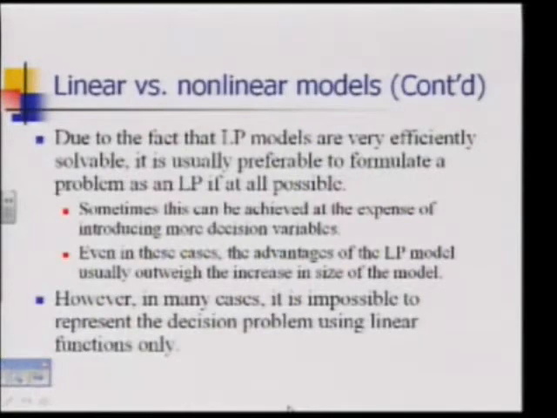How is it possible to formulate the problem as a linear program? Well, sometimes there's no clear cut, because this can be achieved at the expense of introducing more decision variables. I will have some example to highlight what it means. Even in these cases, the advantages of the linear programming model usually outweigh the increase of the size of the model.